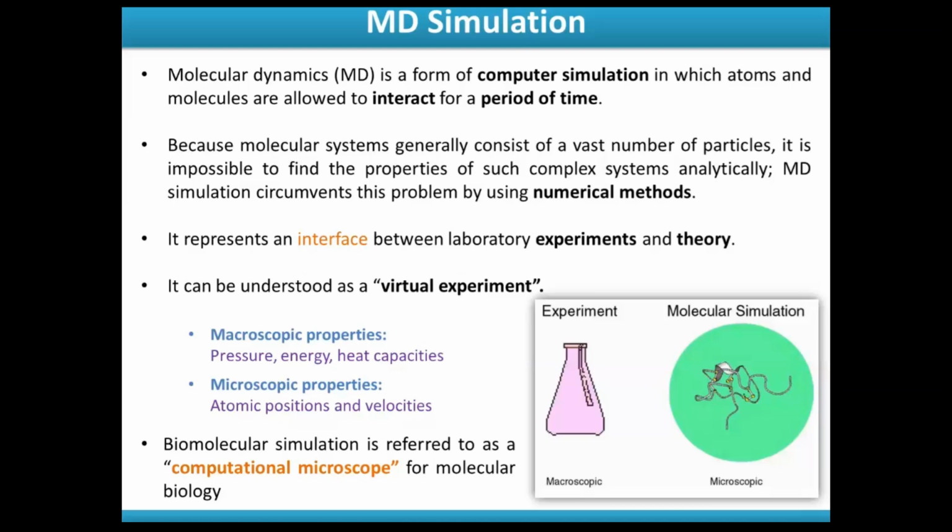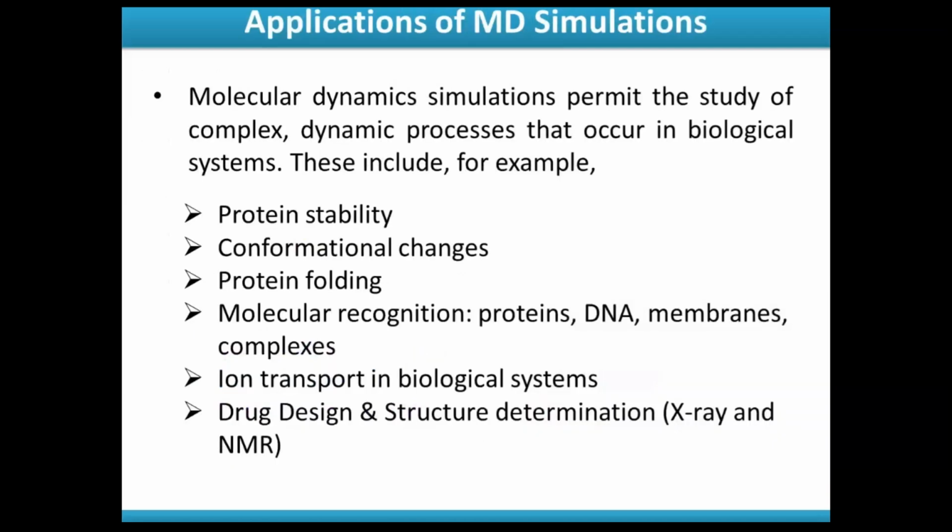So this is also referred to as virtual experiment. And a recent term which is being coined for molecular simulation is the computational microscope for molecular biology, because it can actually tell you the details at the atomistic level, what are the processes which are happening, especially related to the molecular motions of the biological system.